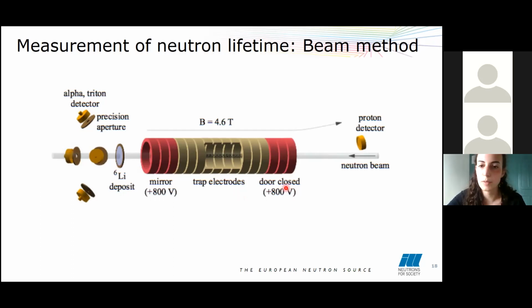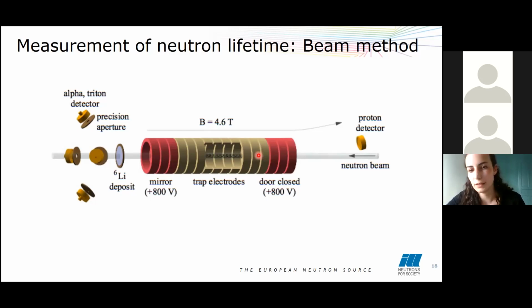The first three segments are called the door, and they are held at 800 volts. Then there is a variable number of electrodes which are at ground, and they are the trap itself. And then the mirror, which is three segments also at 800 volts.